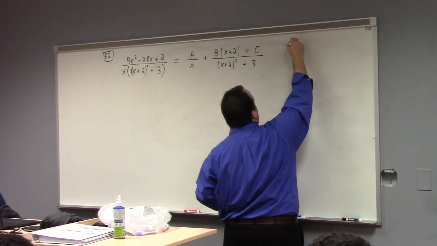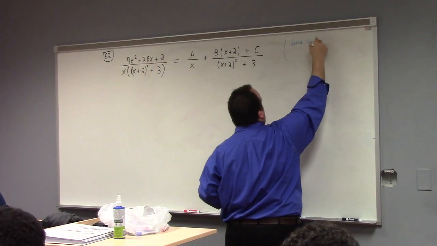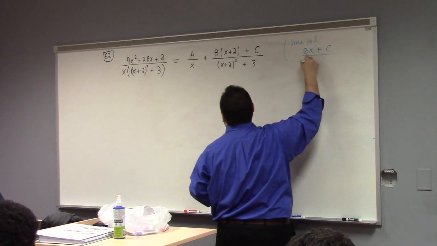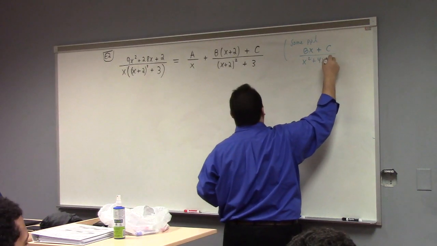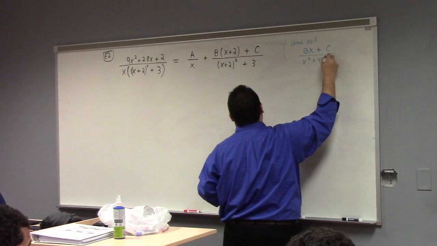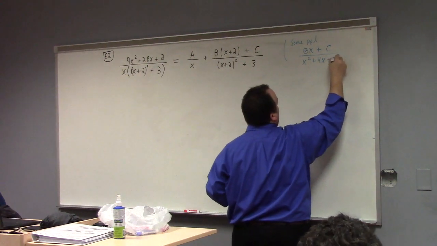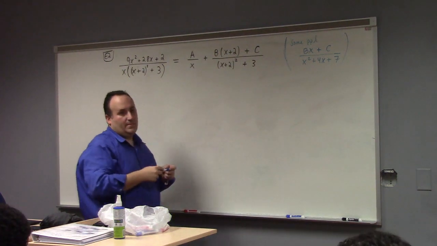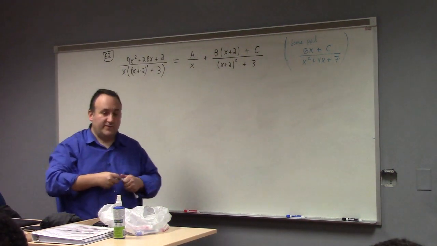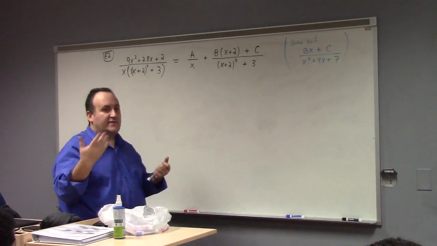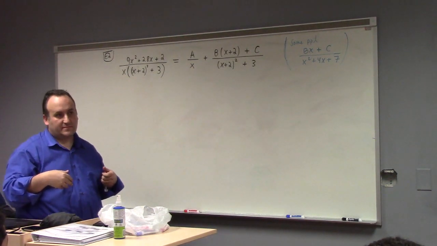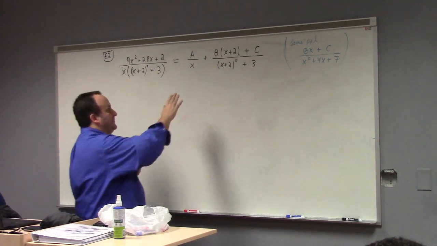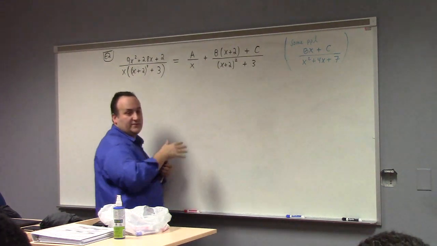Some people would put bx plus c over x squared plus 4x plus 7 for this piece, and more power to them, but if you follow my lead, then the integration that you face after you do this is much easier, as we're going to see. The integration of something of this form is really pretty straightforward.